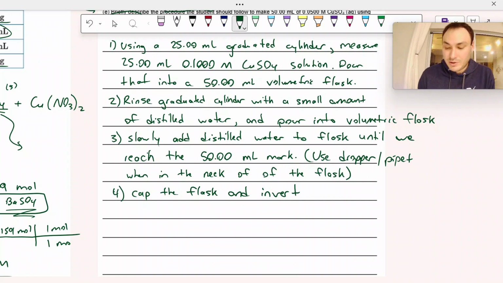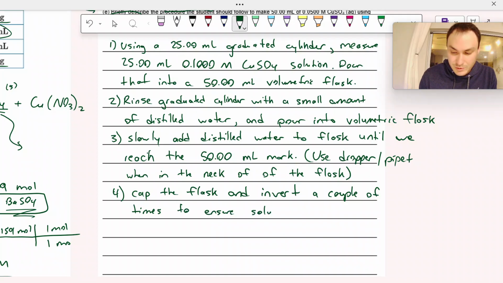And invert, I'm going to say a couple of times to ensure the solution is homogeneous.